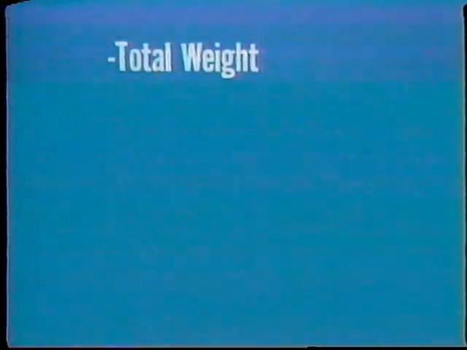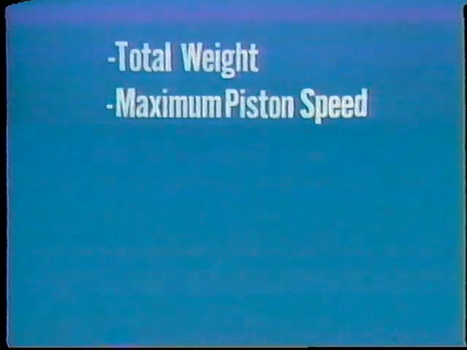There are basically 6 factors which influence the back pressure that will be developed when you are slowing down a load using this cushioning method. How much weight is being moved? The maximum speed of the piston.